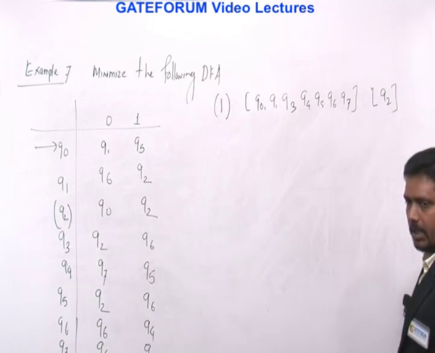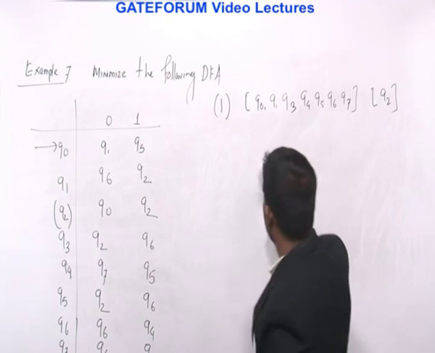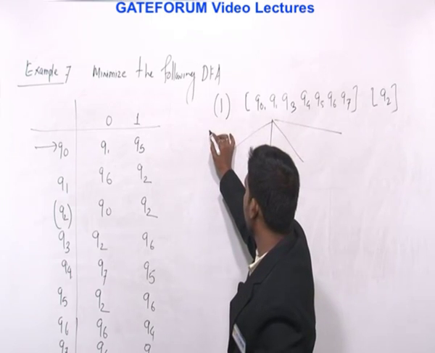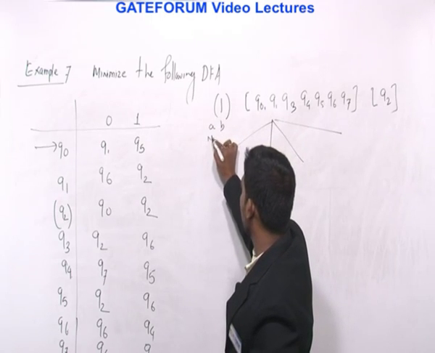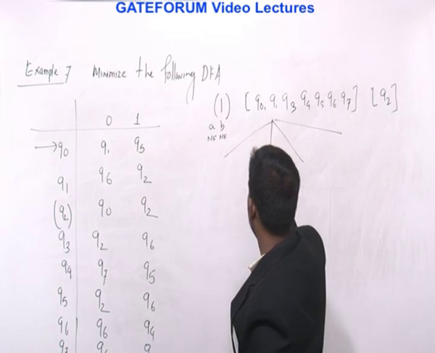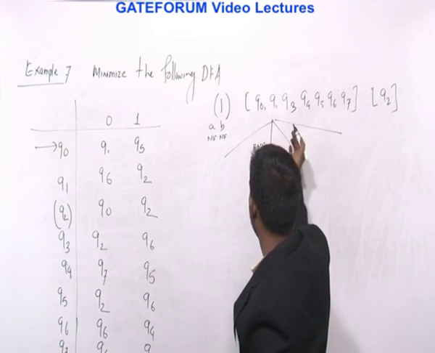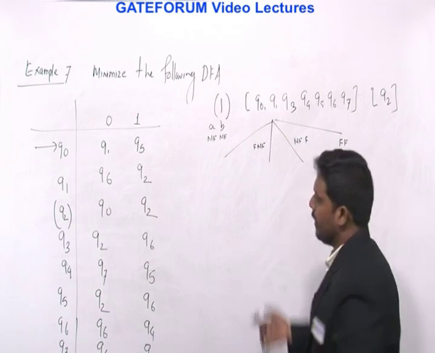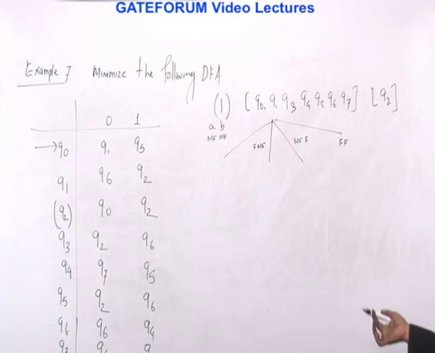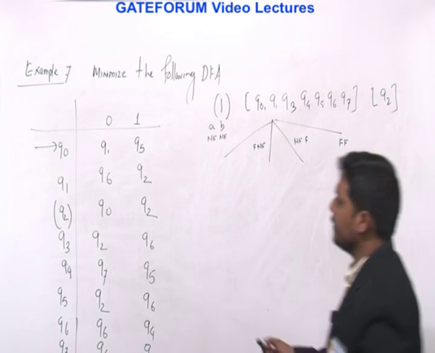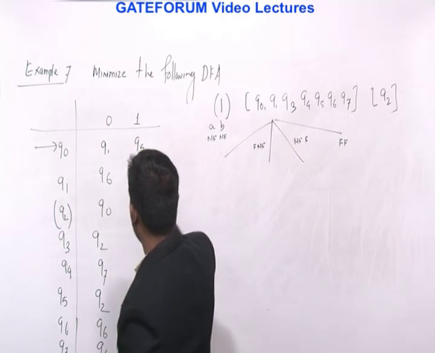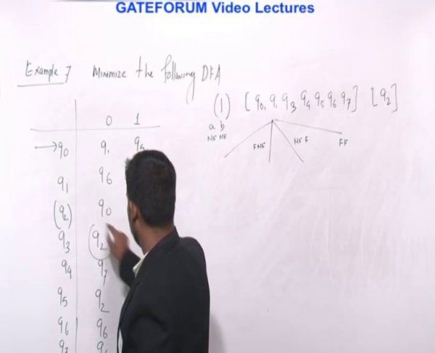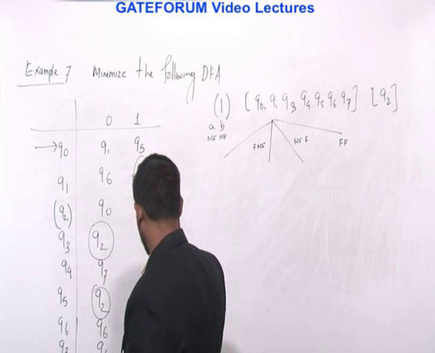Now what you can directly say is that you can have 4 different partitions from this with behavior on A and B: non-final, non-final; final, non-final; non-final, final; and both final. And the table helps in this case because Q2 is the final state, so I can circle Q2 wherever it is present and I do not club the final one, Q2.